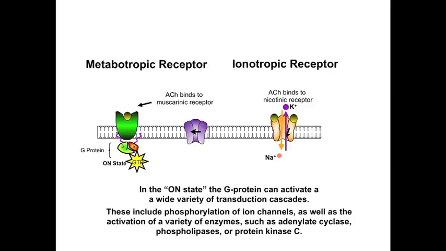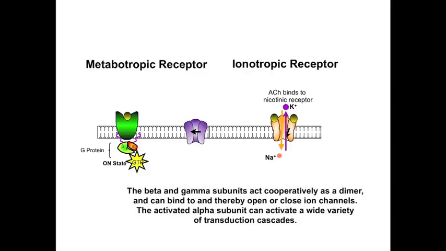These downstream effects include phosphorylation of ion channels, as well as the activation of a variety of enzymes, such as adenylate cyclase, phospholipases, or protein kinase C. One of these downstream effects is caused by the beta-gamma complex, which migrates and binds to an ion channel, causing the channel to open or close.